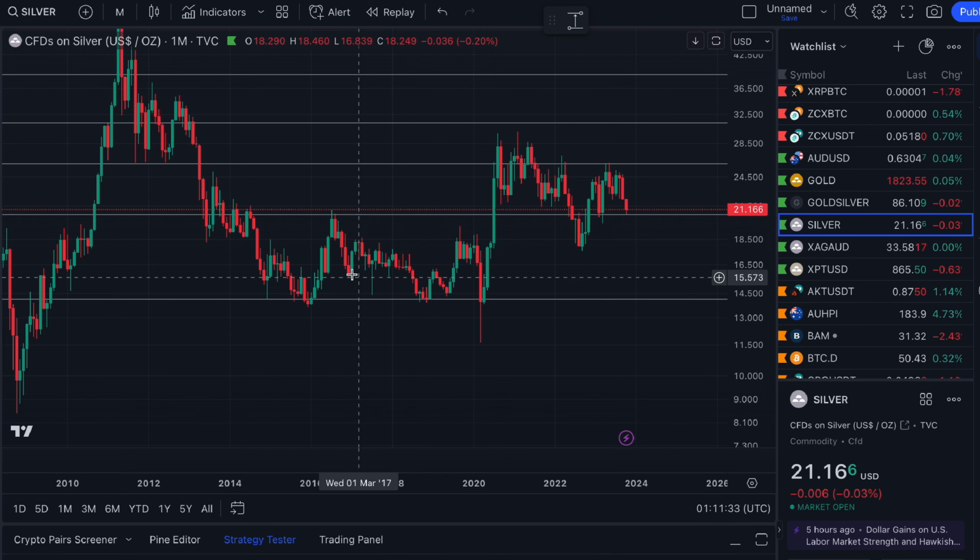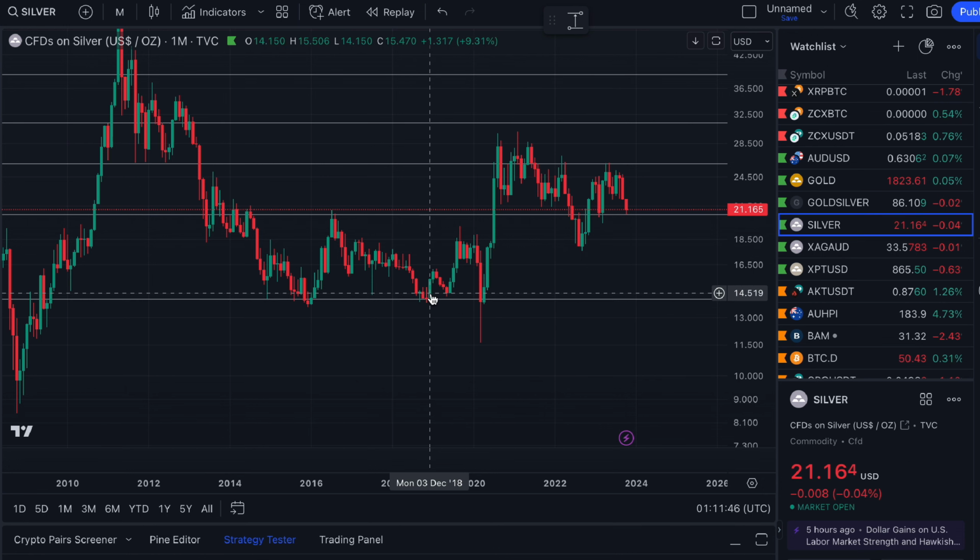So for a couple of years it ranged between $14 and $20.70 roughly, or call it 14 and 21 roughly, and then back down to the support level in October of 2018, and then we made a move higher. We did not break this level of 21 at the 0.382 level.